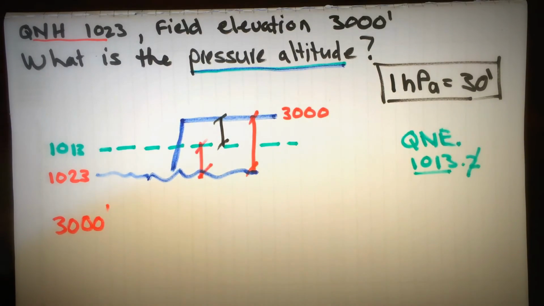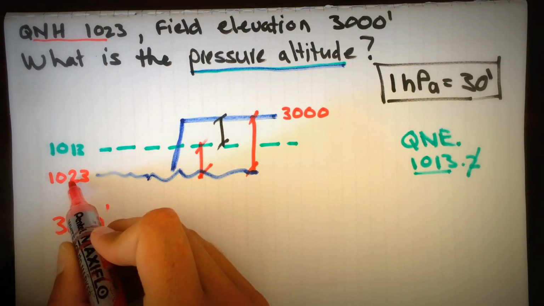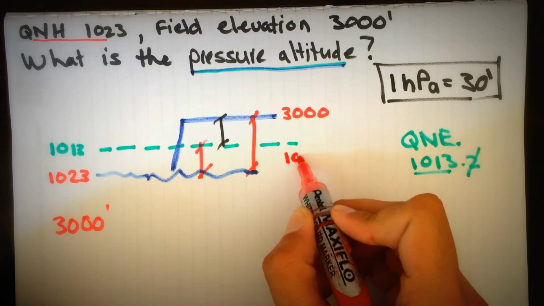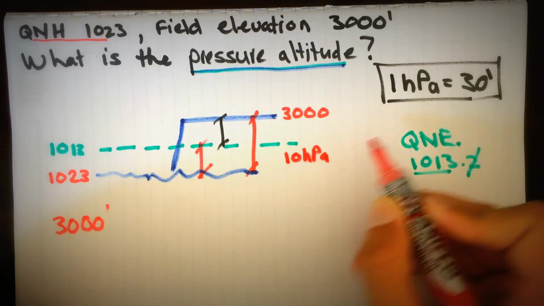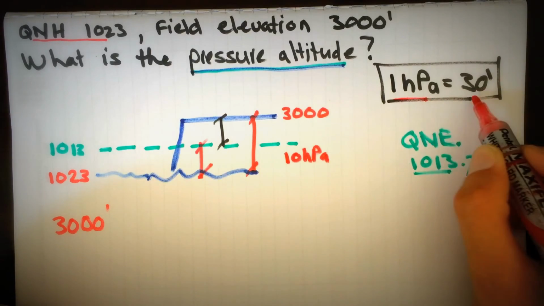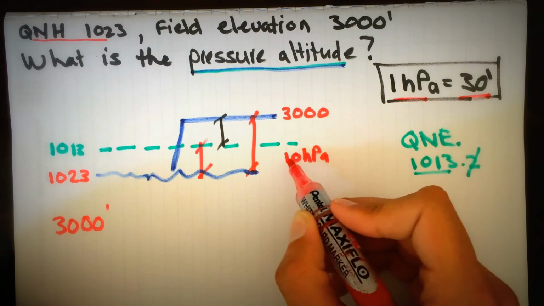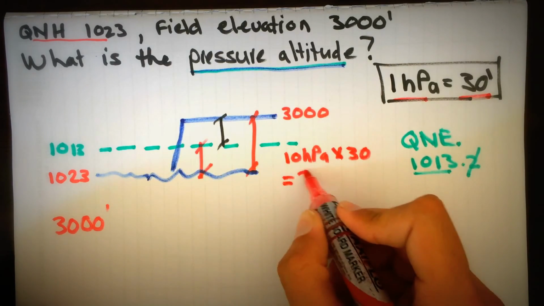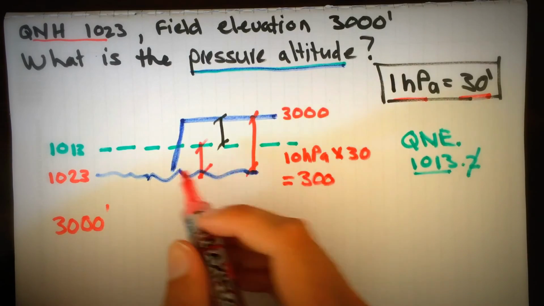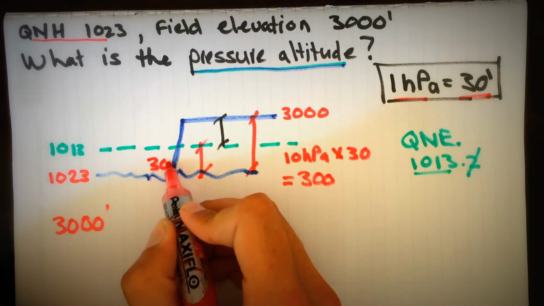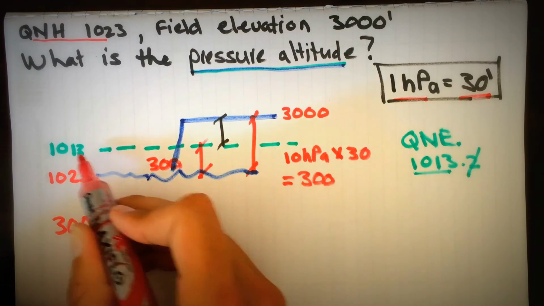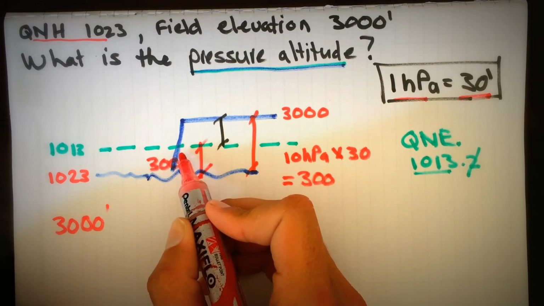Then we've got a hectopascal difference between these two of 10 hectopascals. And we know that 1 hectopascal is equal to 30 feet. So if we take 10 times 30, we get an answer of 300 feet. That means there is a 300 feet difference between 1013 and 1023.